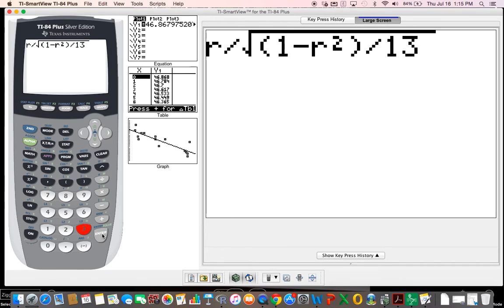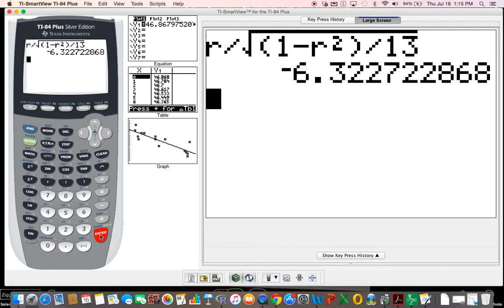Now this is not going to round R at all to 4 places or whatever. It's just going to use the entire number. So when I do that, I get negative 6.32.